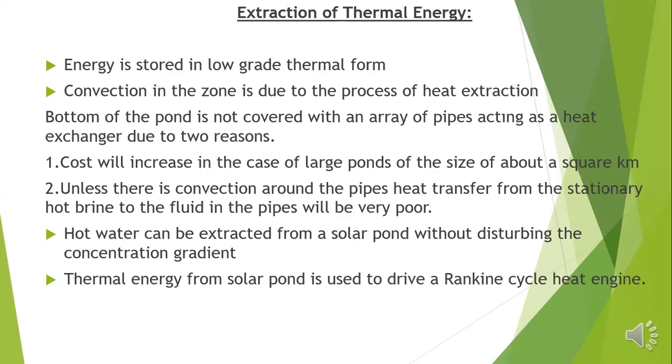So the energy due to the solar radiation in the convective zone is in thermal form. Heat extraction is accomplished by hot brine withdrawal and cool brine return. I will explain these hot brine withdrawals and cool brine returns in the next figures.